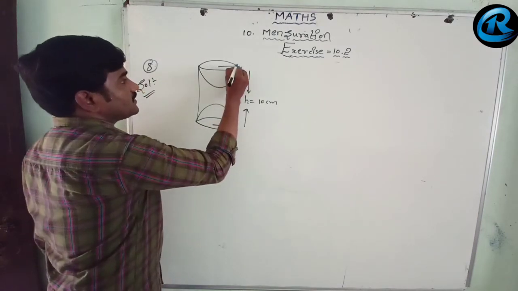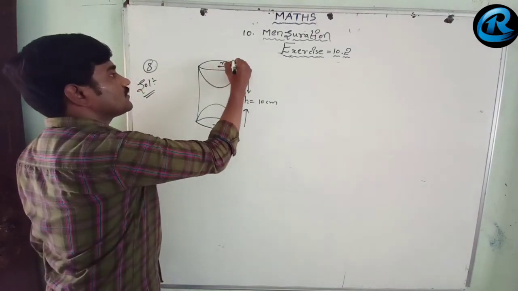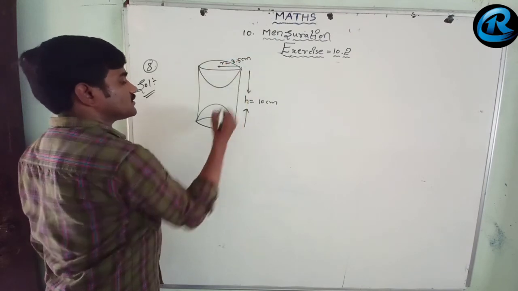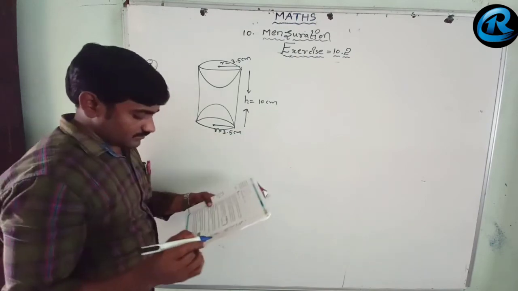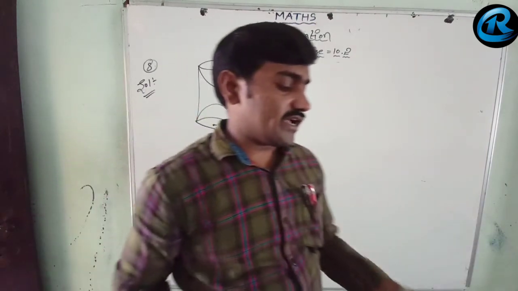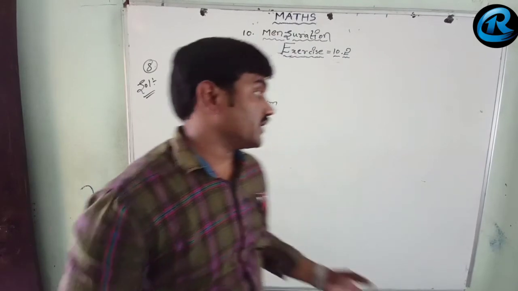The radius of the base r equal to 3.5 centimeters. Find the total surface area of the article.